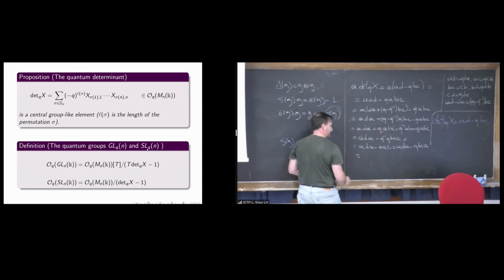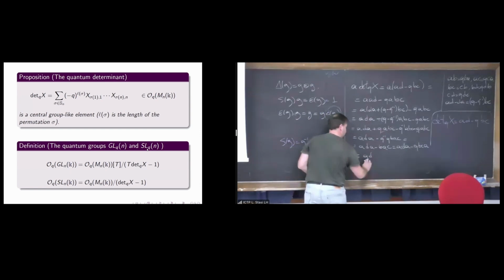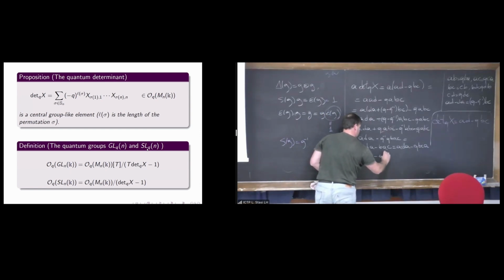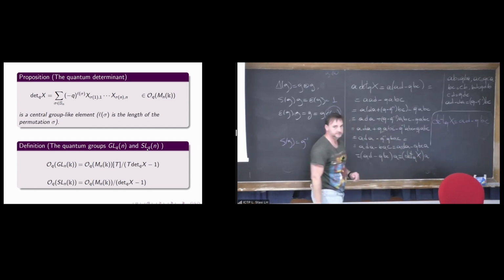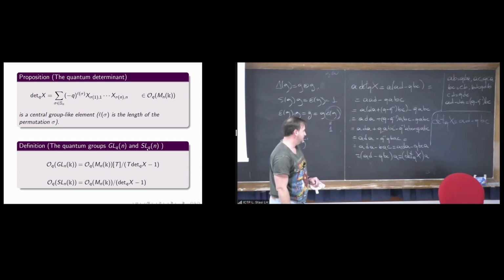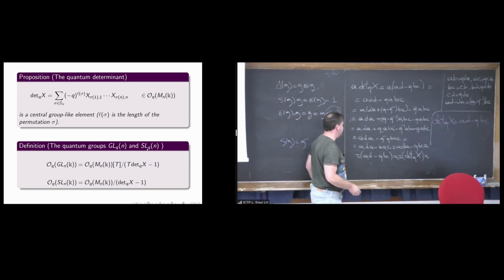So the A is on the right, so we have AD minus QBC times A, which is exactly the determinant times A. So I always make sign mistakes. It is terrible when one works with super quantum groups.